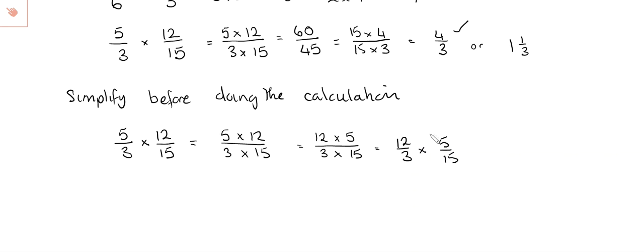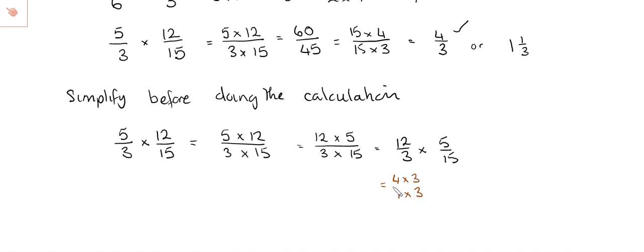Got it? Okay. Now, could I simplify those fractions before doing any multiplication? What will 12 and 3 both divide by? 3. So I can do 4 times 3 and 1 times 3.